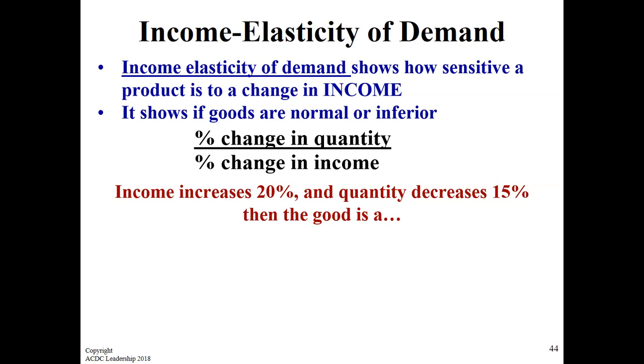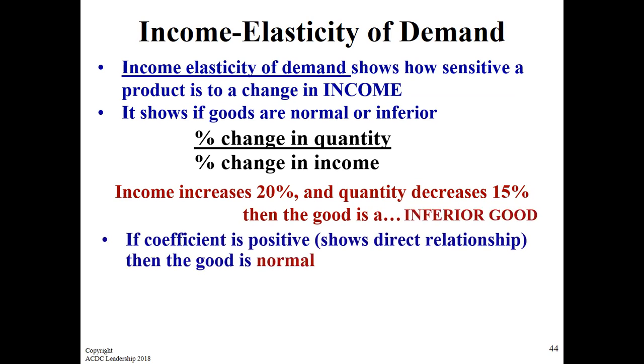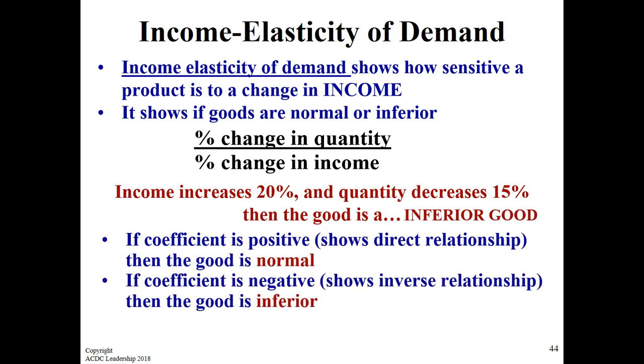Income went up, but quantity went down. So that's the opposite. So it'd be a negative good. Okay, and that's just it written out if you'd like to write it down.